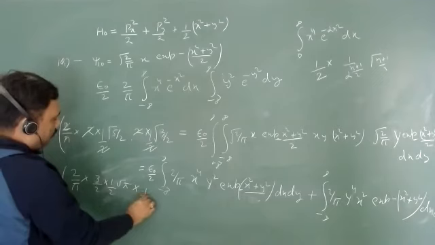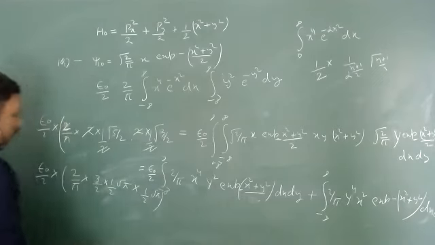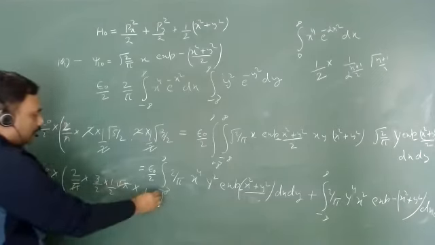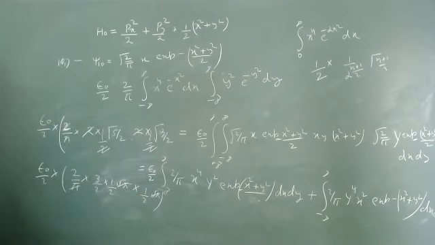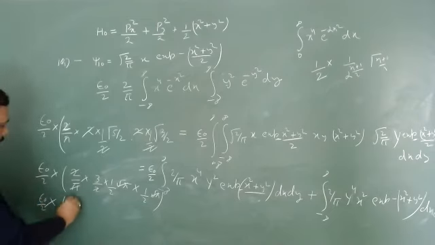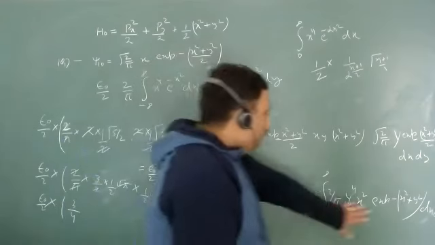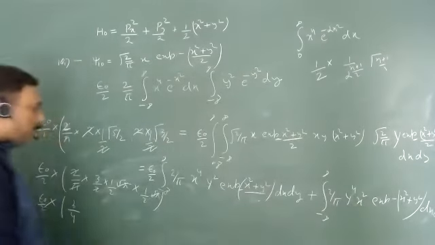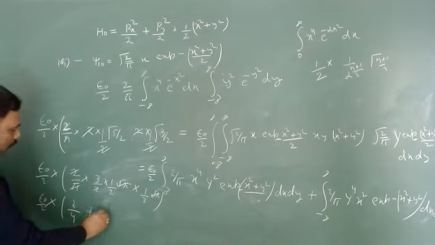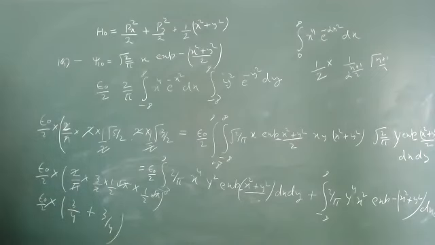Again 1/2 root pi. Okay. So this pi, this pi, this pi cancel out. And this 2 is cancel out. And you have epsilon upon 2 into 3/4, isn't it? 3/4 for this integration. And similarly 3/4 for this integration also.